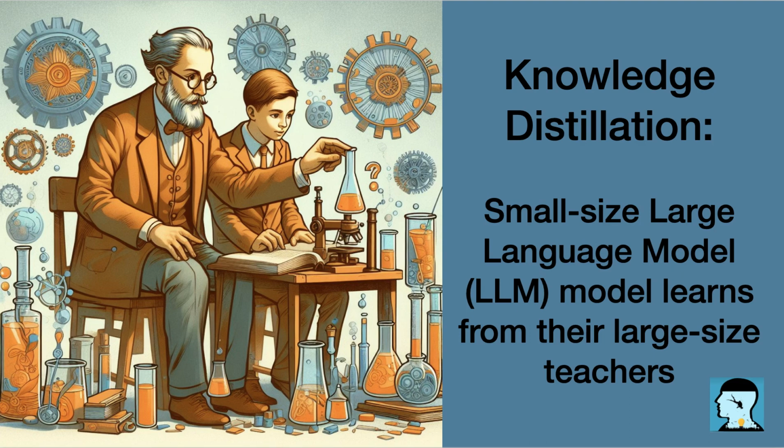LLMs. In the case of Zephyr 7B beta, Hugging Face fine-tuned Mistral 7B on a custom version of UltraChat. UltraChat is a dataset of instructions generated by an LLM. The first step in training Zephyr 7B is supervised fine-tuning, SFT, on these generated instruction datasets.